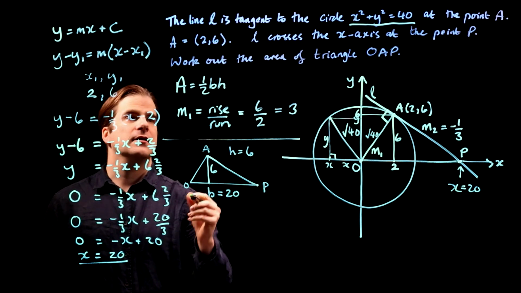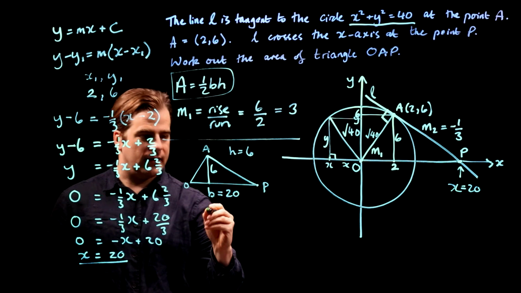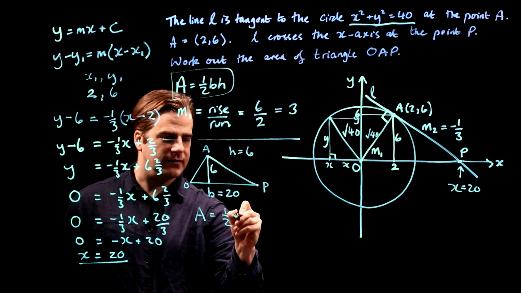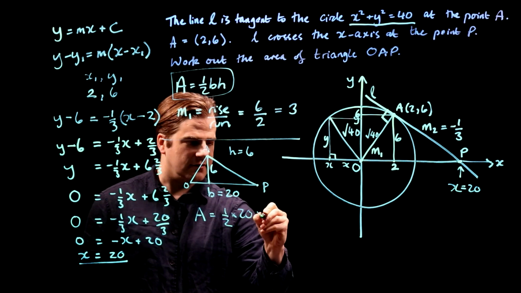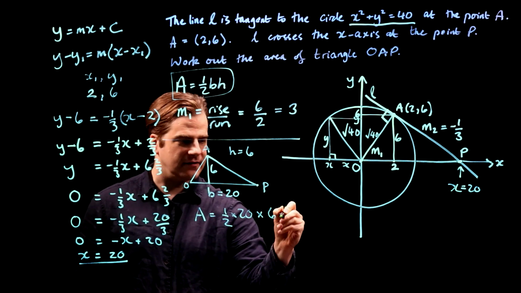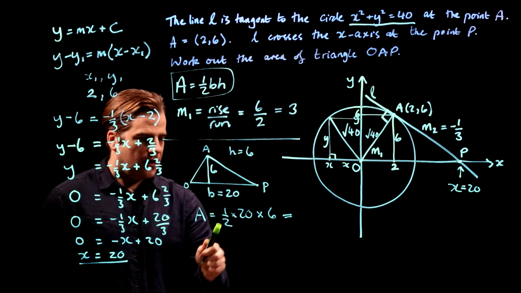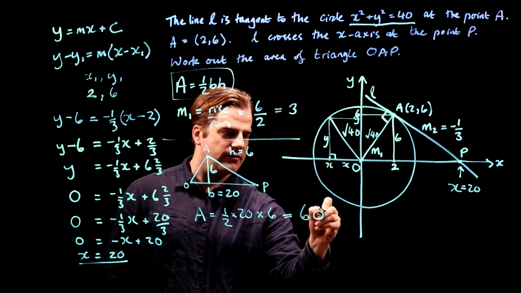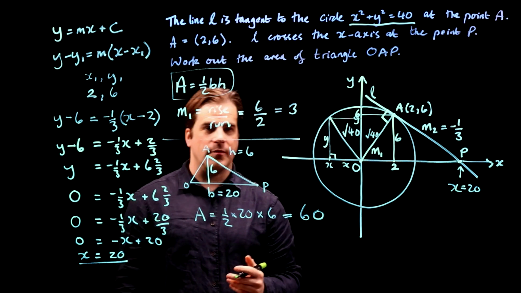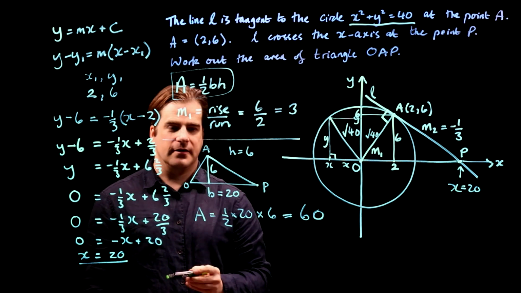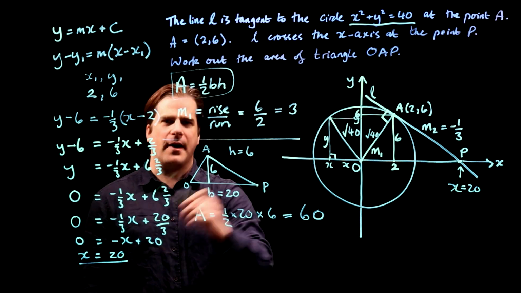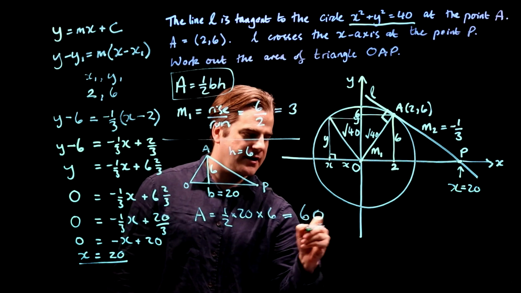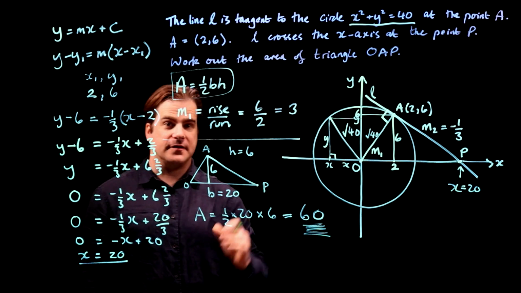So simple. The area of our triangle is half times the base, which is 20, times the height, which is 6. Half of 20 is 10. 10 times 6 is 60. There we go. What are the units? I can't remember. Doesn't matter. It's all the maths that matters. The answer is 60, whatever the units are. There you go. That's how it's done.